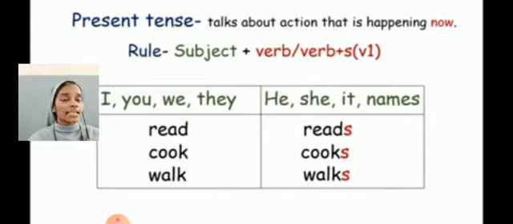If the subject is third person singular, that means he, she, it, this, that, or any proper names, there comes the S form of the verb. That means the verb adds S or ES to it. For example, reads, cooks, walks.